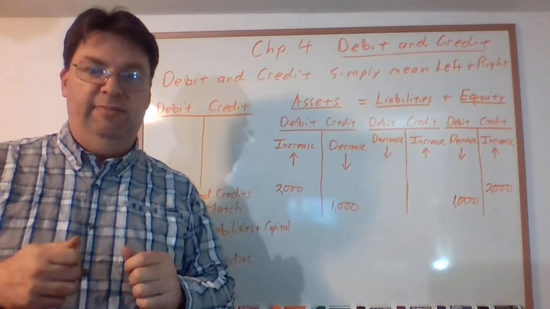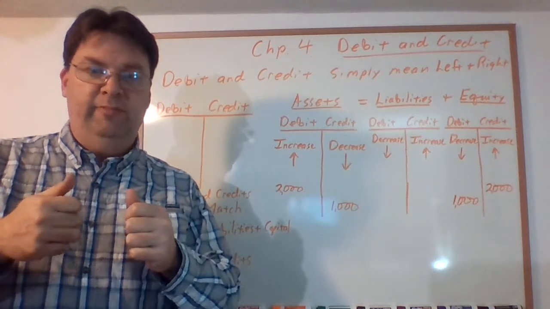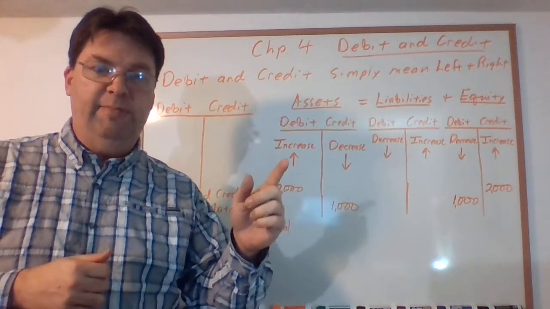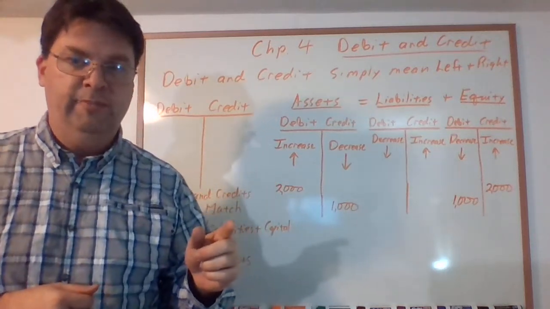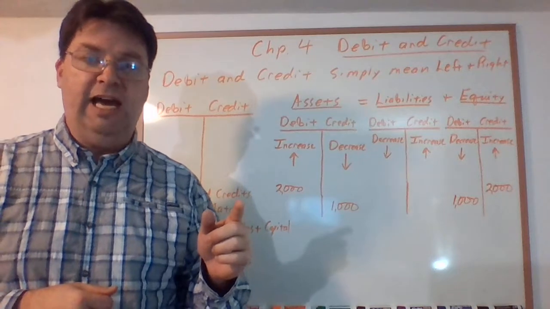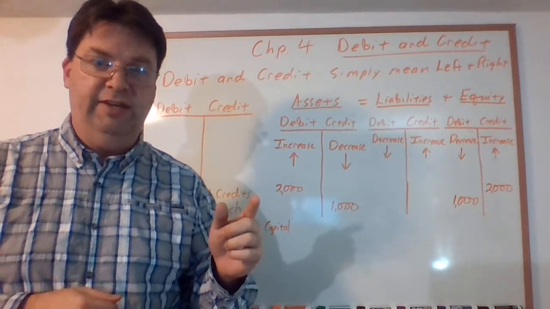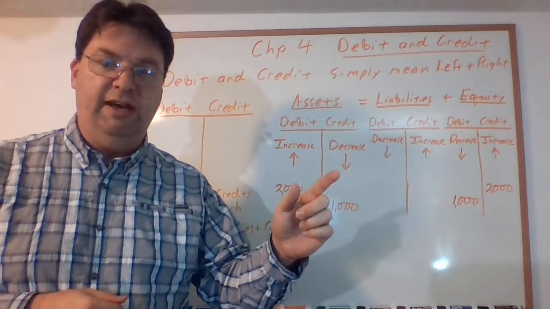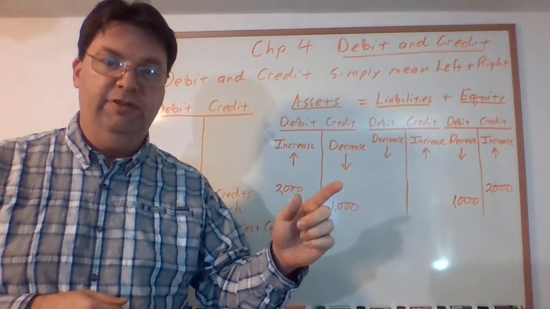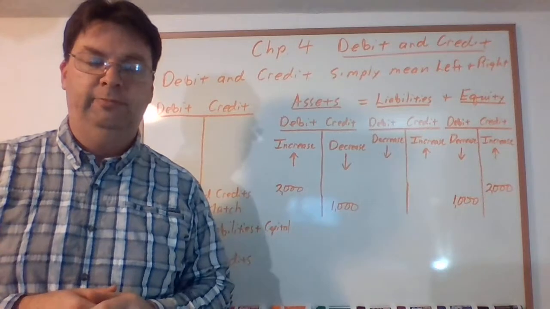So if we get money to put in the bank, we put it on the debit side, and that tells everyone else that it's an increase. And if there is money coming out of our checking account, then we put all things coming out of the account, decreasing our checking account, over here under credit.